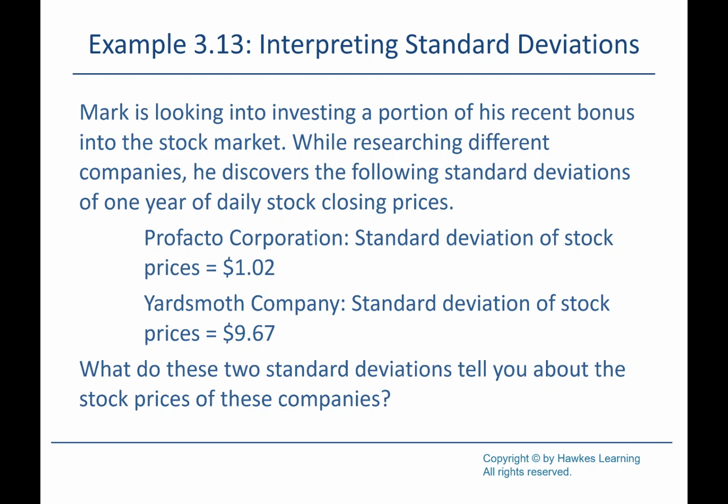One pitfall when you're first learning about standard deviation: this does not tell us what the actual price of the stock is. It could be $500 a share, or it could be 50 cents a share. This is telling us about the standard deviation of the prices. So what does that mean? This tells us how far away from the mean, from the average, we can expect the stock to go on a typical day.